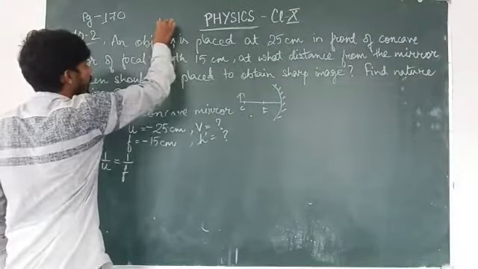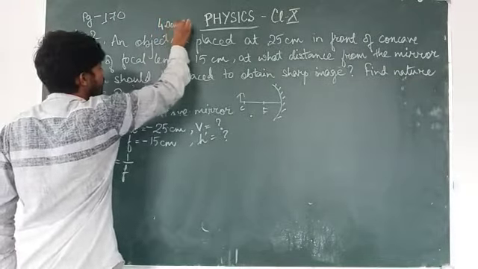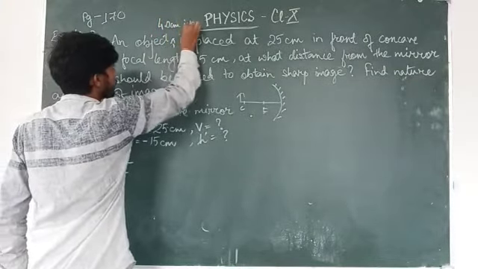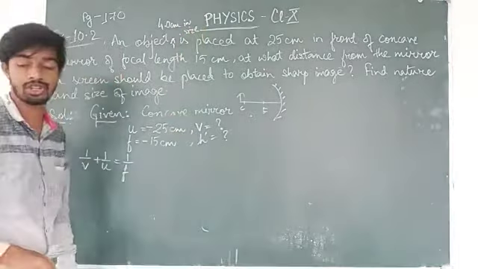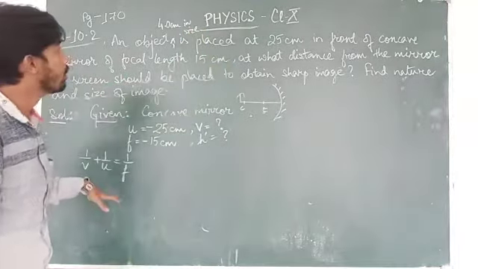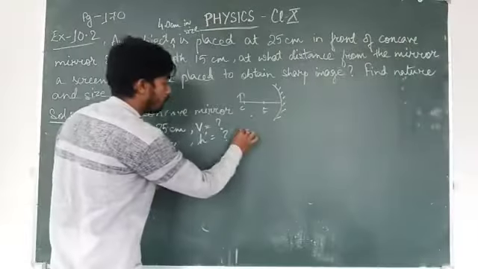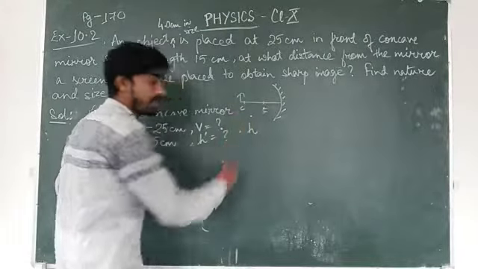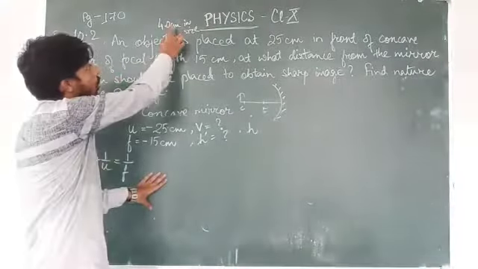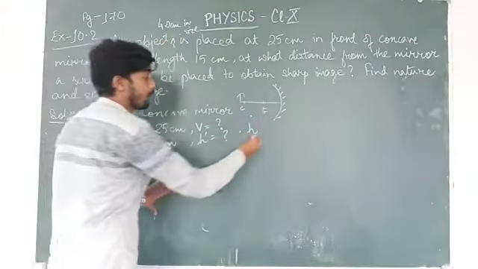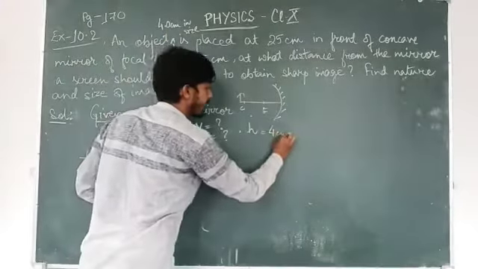That one I left out, my mistake. You can look at it in your book, where the question is given more precisely. So now we have one more thing: the size of the object is given. That means the height of the object is given, which is 4 cm.